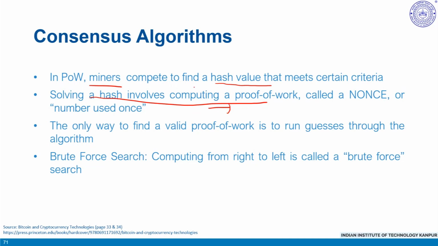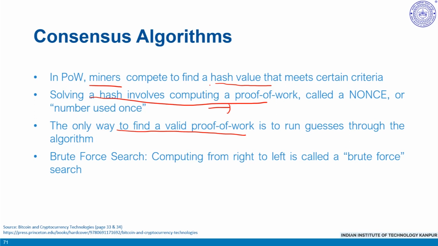Since each block's hash is created by a cryptographic algorithm, for example Bitcoin uses SHA-256, the Secure Hash Algorithm, the only way to find the valid proof of work is to run guesses through the algorithm until the right number is found that creates a hash that starts with the right number of zeros. This is what Bitcoin miners are doing, running numbers through a cryptographic algorithm until they get the valid nonce.